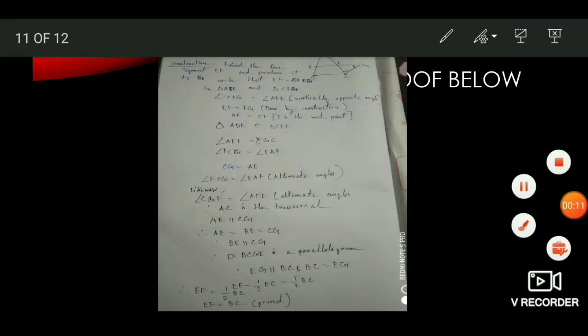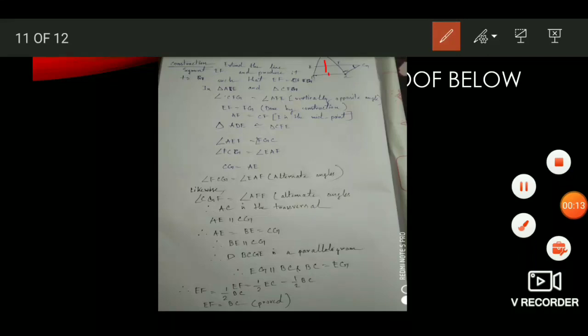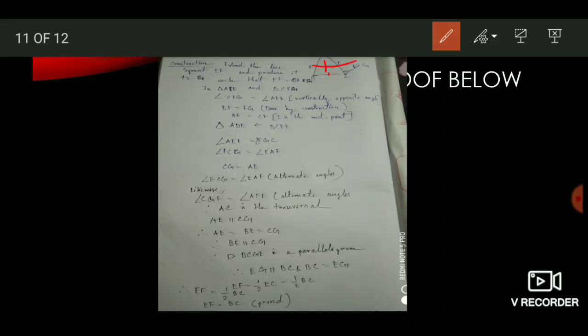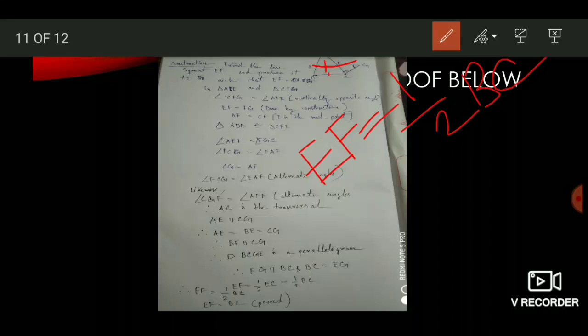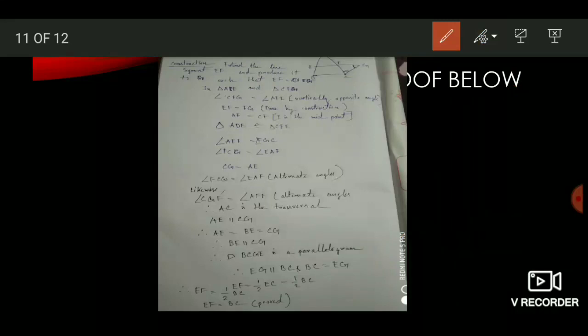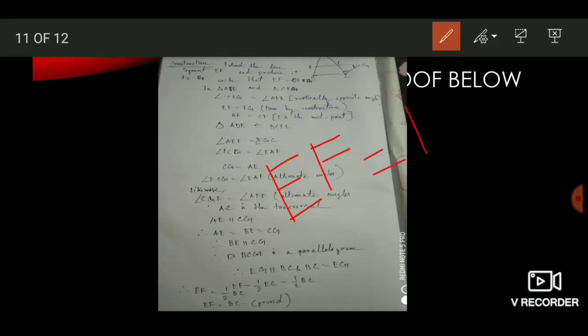Now it is a parallelogram, so this side and this side will obviously be parallel as well as equal. And EF is half of the side EG, or GE, you can say. So can we say that EF equals half of BC? First let me write that. First we will see that EF equals half of EG.